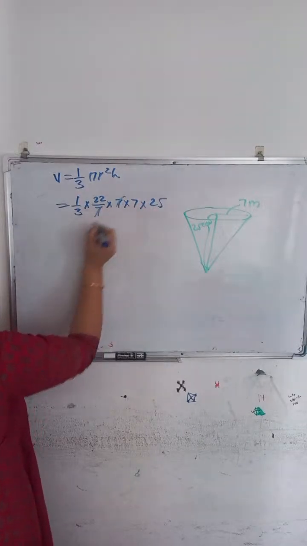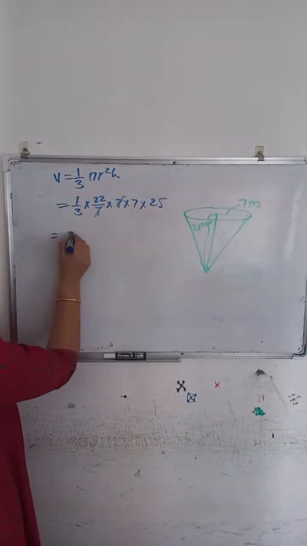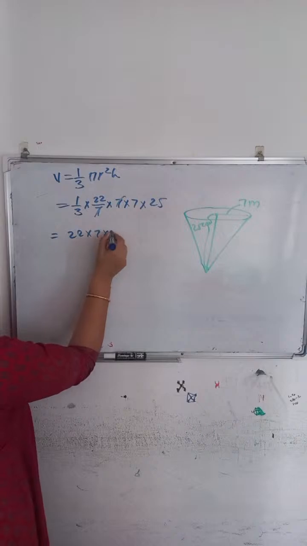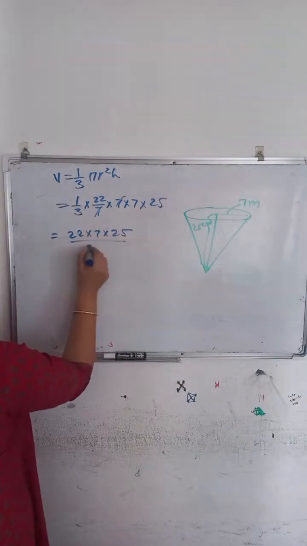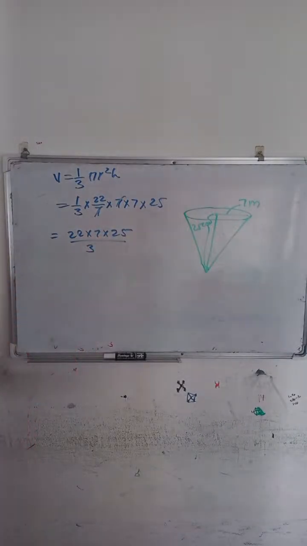So this 7 gets cancelled. Now 22 into 7 into 25 divided by 3. Don't convert that into a decimal. Keep the fraction as it is.